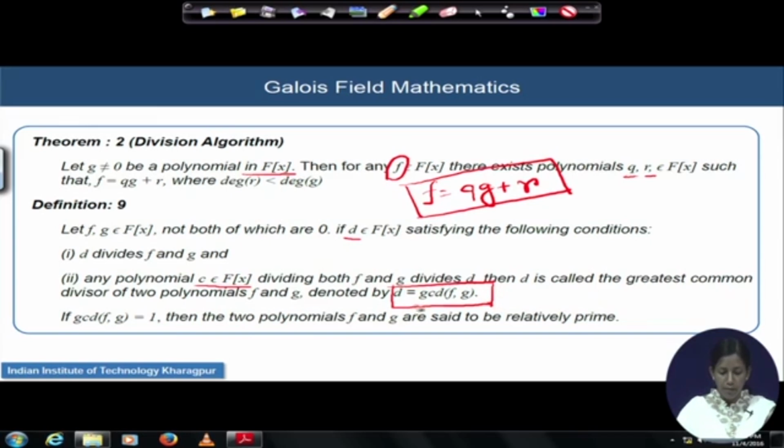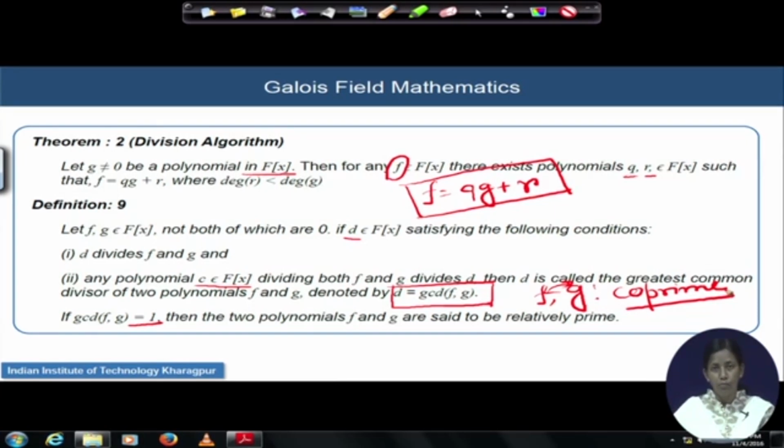If we find that the greatest common divisor of f and g, or any two polynomials, is equal to 1, then we will say that those two polynomials are relatively prime to each other, or we call it coprime. We have seen this term coprime when we were discussing the formation of a group.